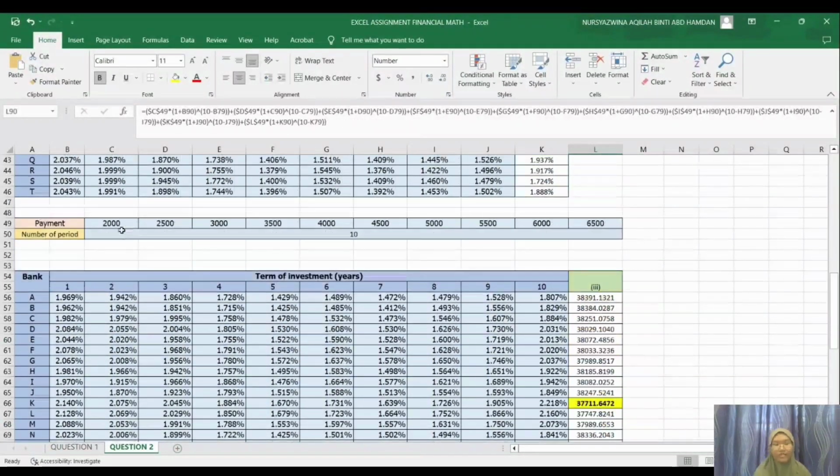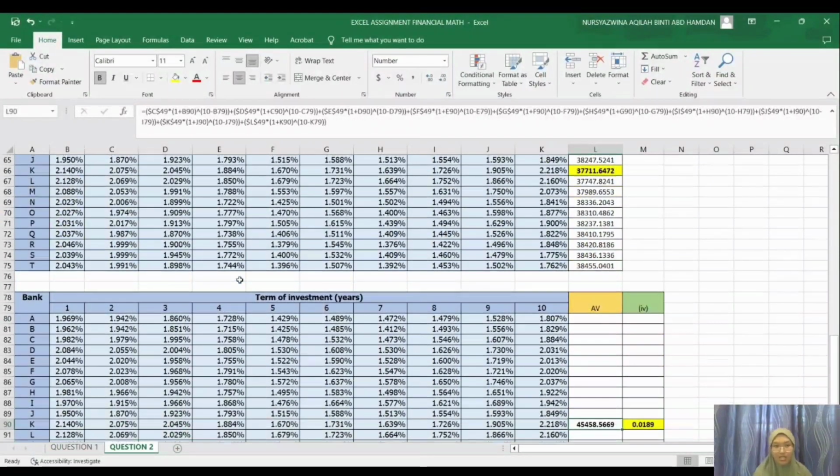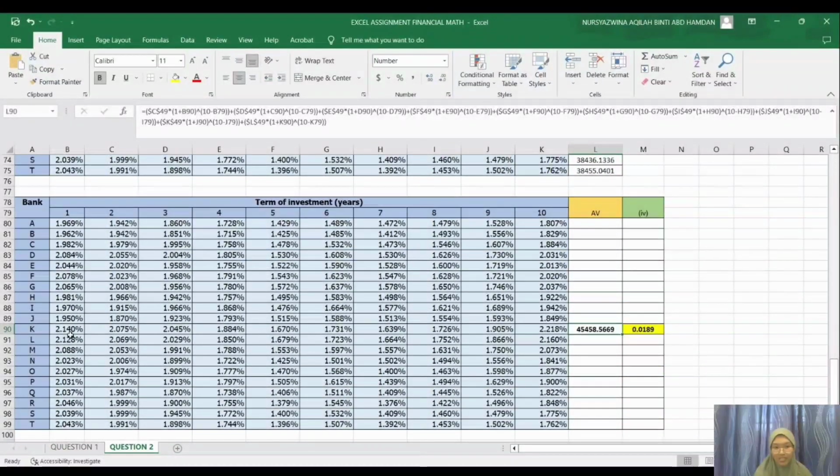For example, for the first year, which is 2,000, multiplied by 1 plus B90. B90 here is our spot rate for the first year, to the power of 10 minus B79, which is 10 minus 1. And we can use this formula to calculate our AV for the second year up until the 10th year to calculate the accumulated AV.